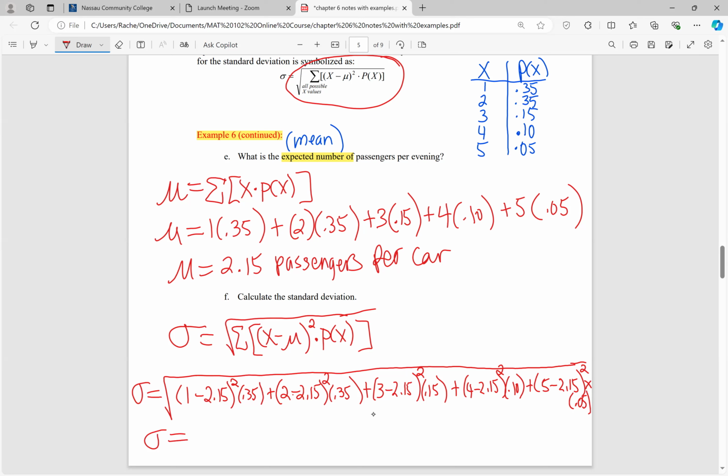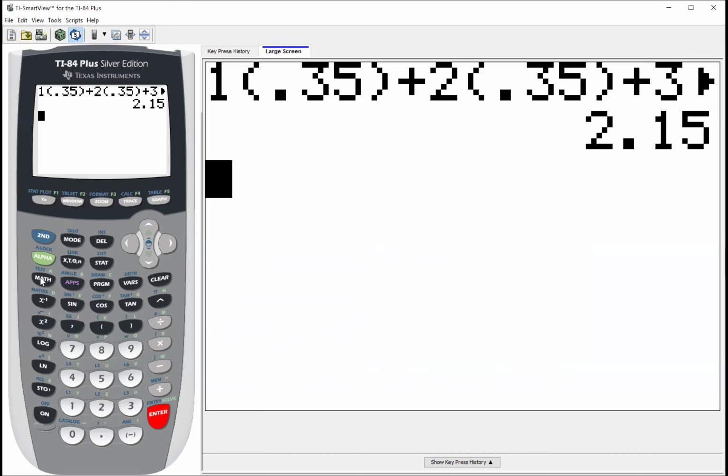So let's plug all of this into the calculator. The first thing, and we're going to type it in exactly as we see it on the screen. So let me go to my calculator. The first thing we need to pull up is that big square root, right?